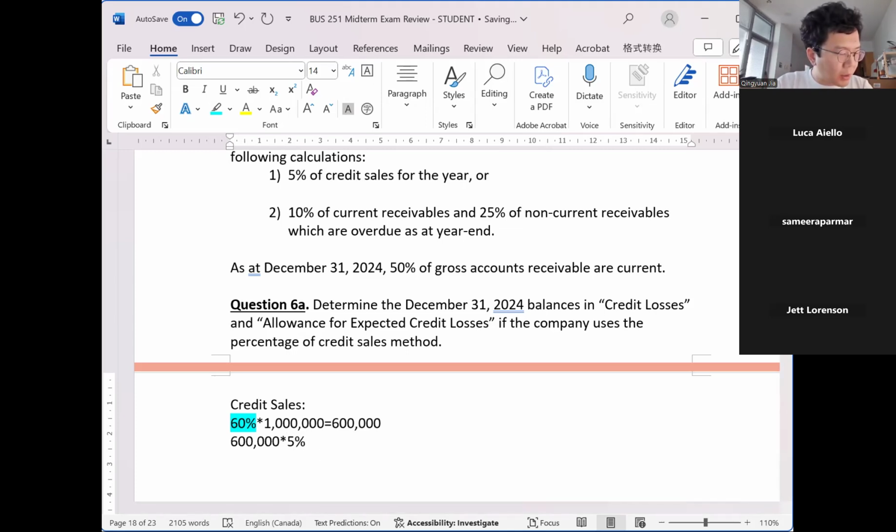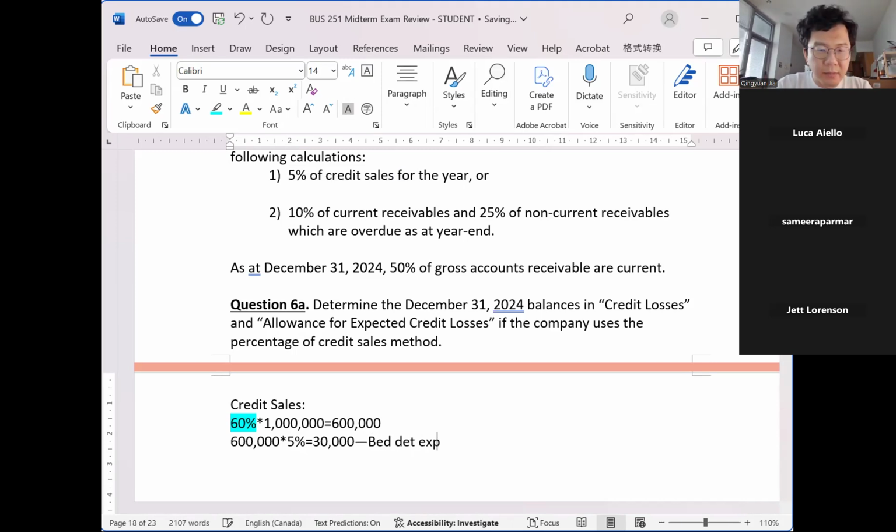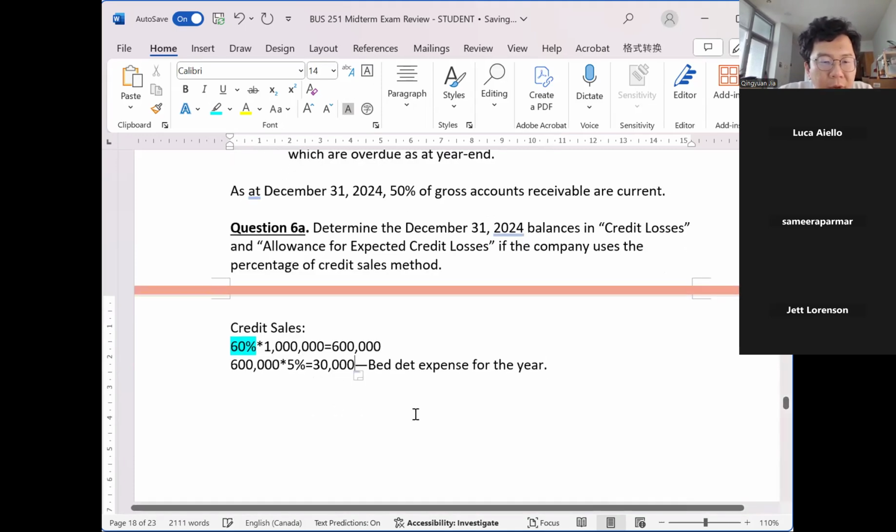And then we have the 30,000. Wait, this is the bad debt for a year.